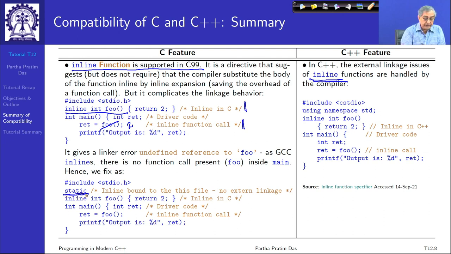Now, if we do that, then the compiler will inline and replace this call by the constant 2, which means that there will be no trace of this function in the compiled body. So the linker, which is supposed to link and look for all these things, will not be able to do that.